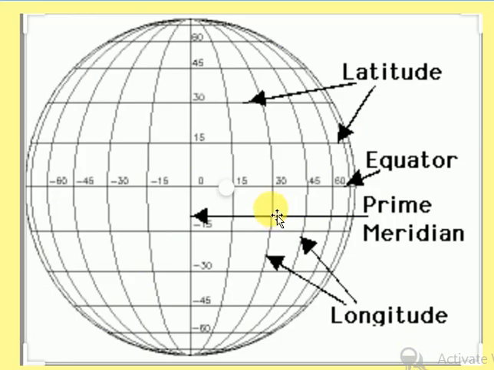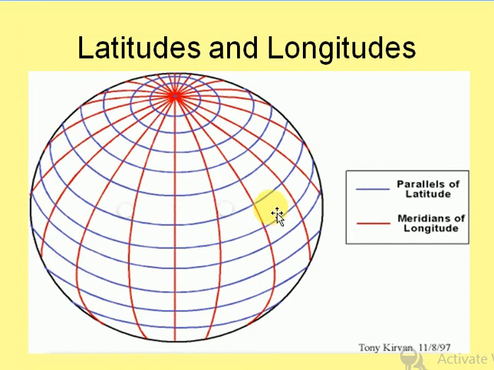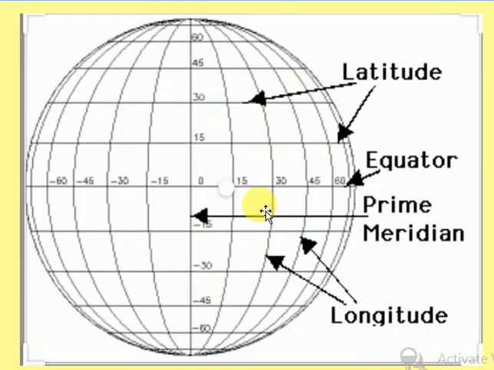So let us now try to understand more about latitudes and longitude. This will help us to find more about how to find the exact location of the place. You have already understood which lines are latitudes and which lines are longitude in this map also.